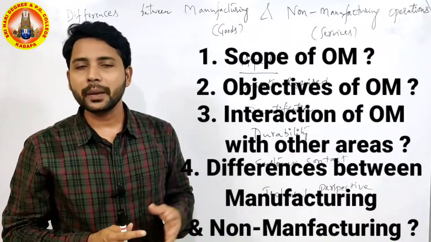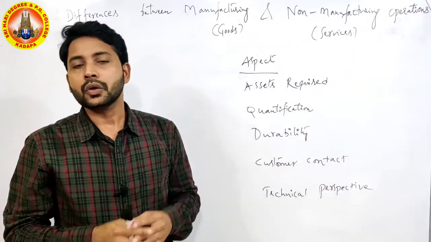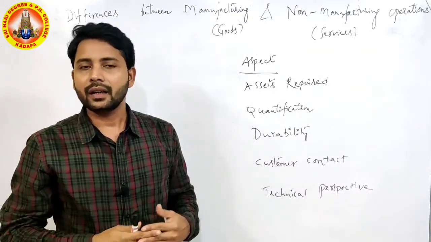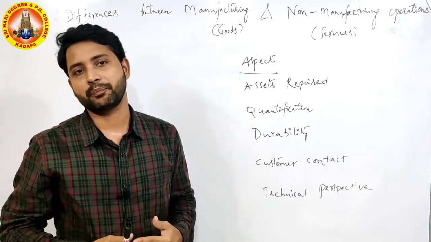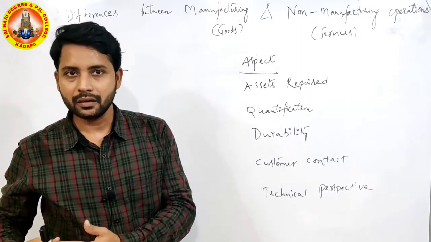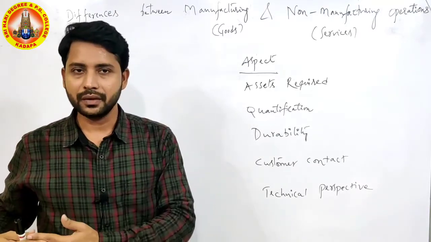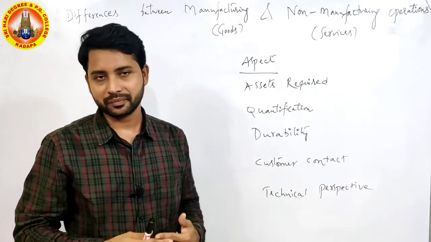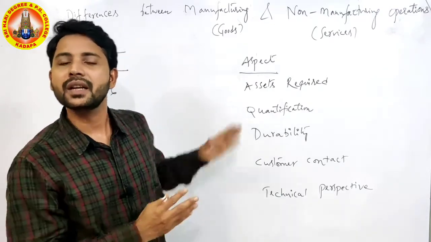These are the four important questions you will get from Unit 1. From this unit, dear students, you can easily secure 20 marks: one essay question for 10 marks and two short questions for 5 marks each.